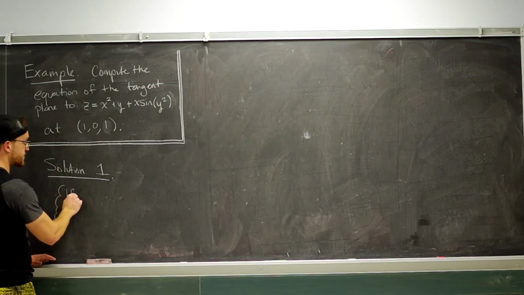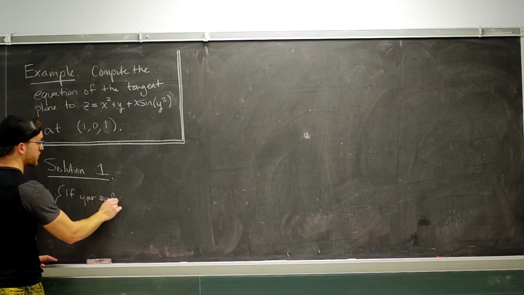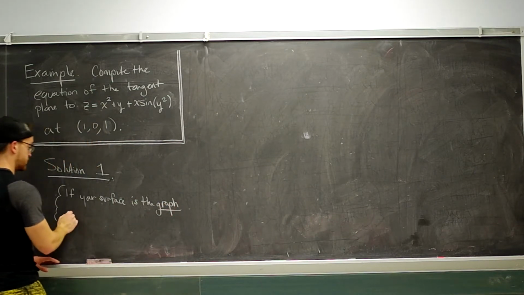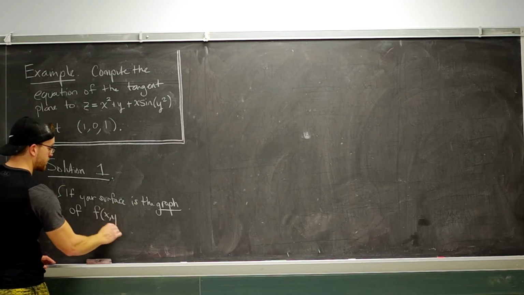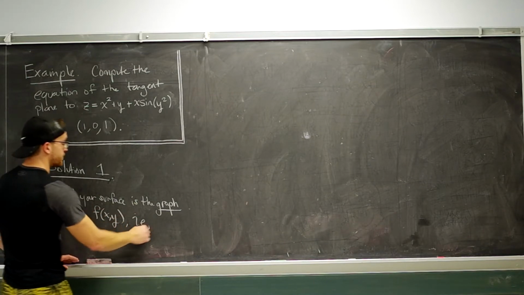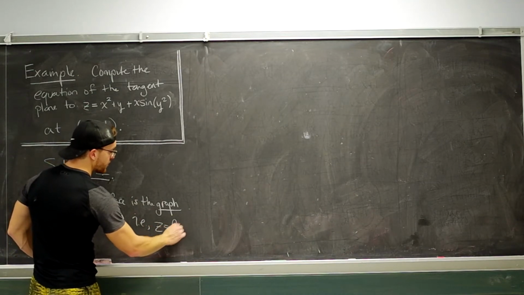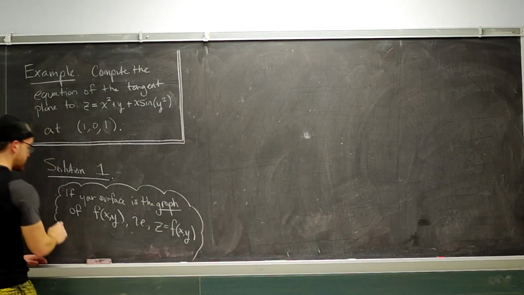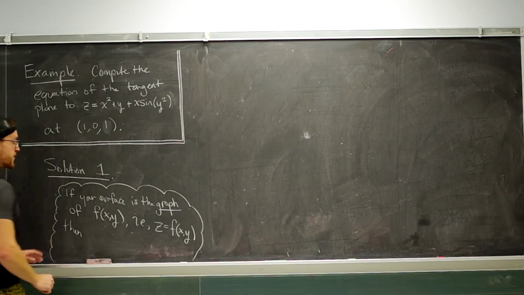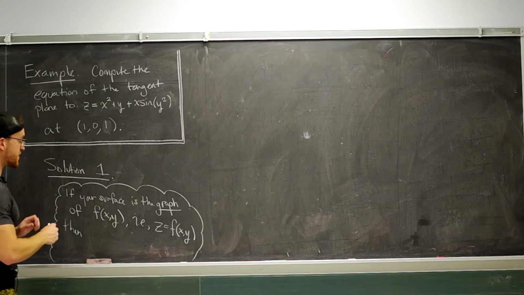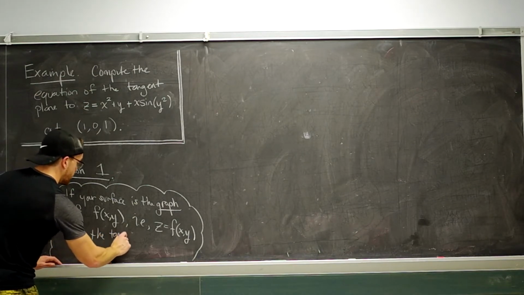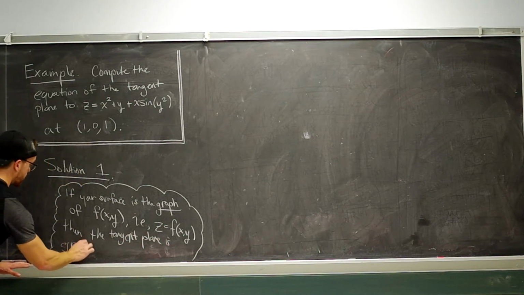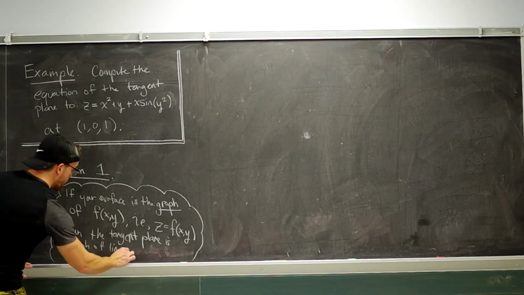And if that's the case, in other words, if you can solve for one of the variables in terms of the other, then the tangent plane is the graph of the linearization.